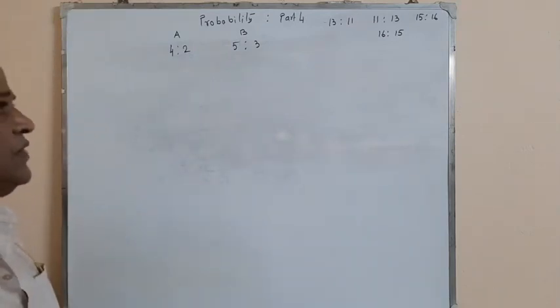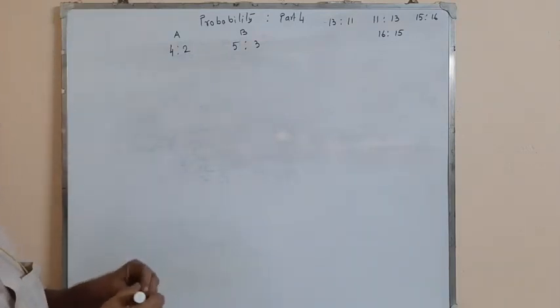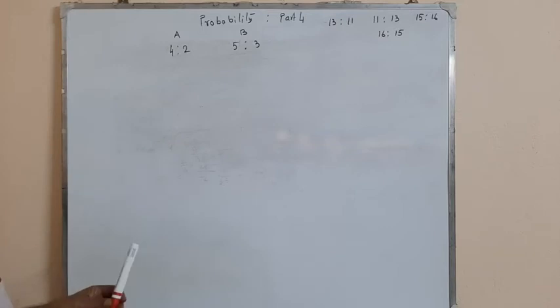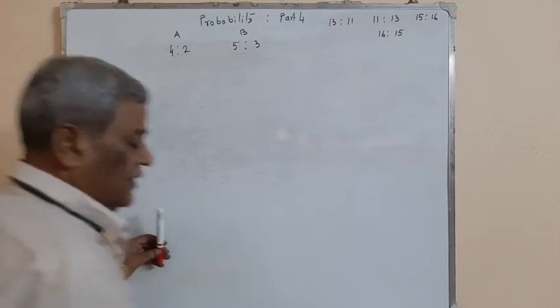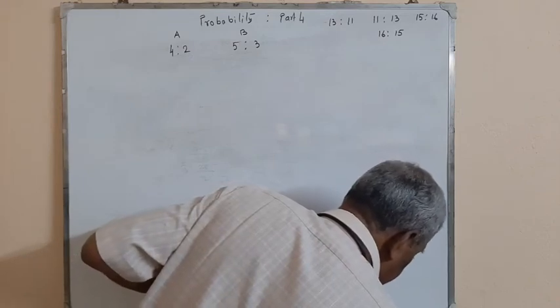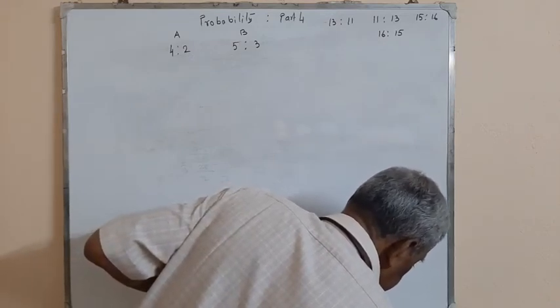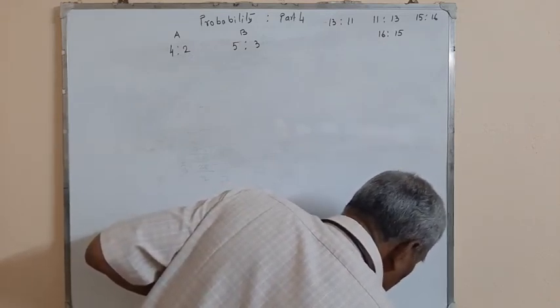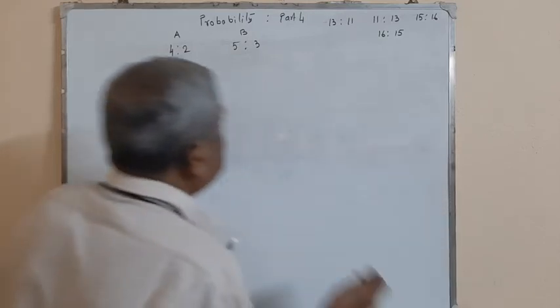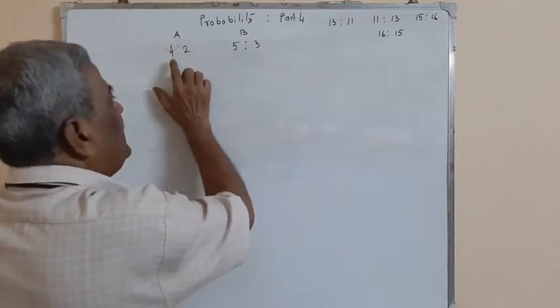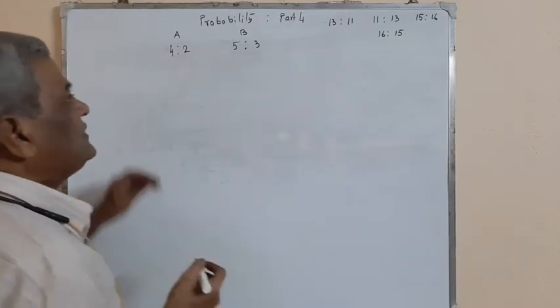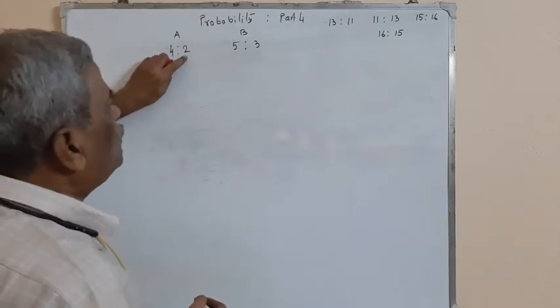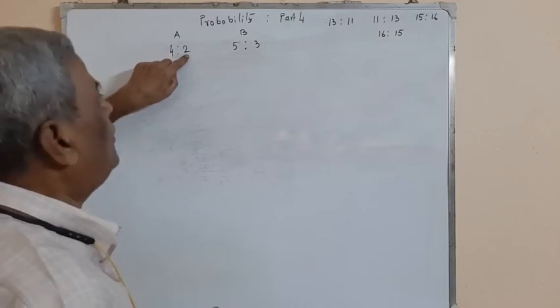The problem is, A and B are two persons. The odds that A speaks true is 4:2. It means in 4 cases he speaks true and 2 cases he speaks false.